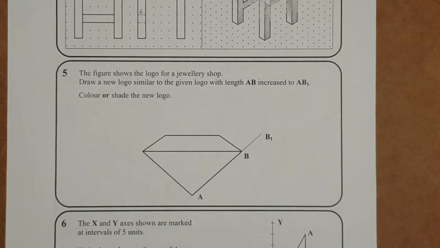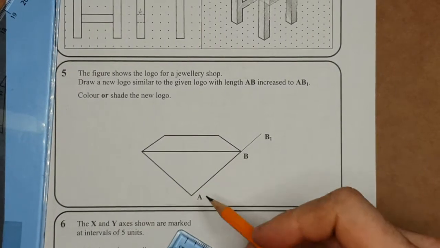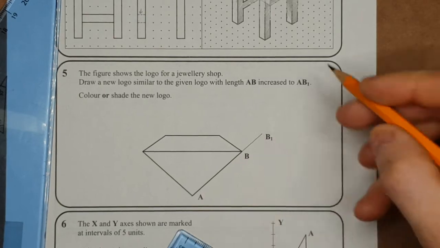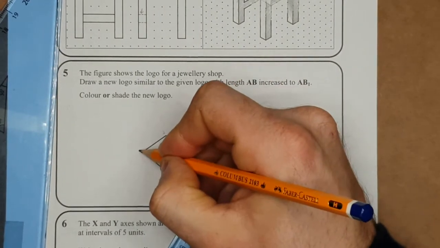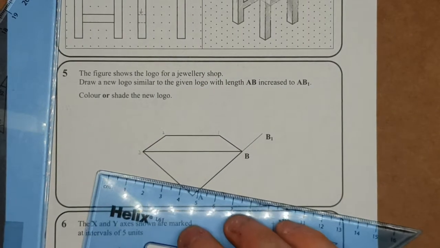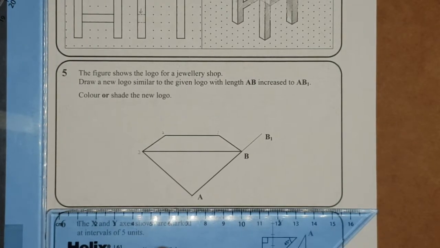So what I can do is, I'm going to start off here with sliding set squares. Now, AB has increased to AB1. I'm going to take up point 1, I need point 2 and point 3 on this new larger drawing. So what I'll do, I might as well start off with just a horizontal.